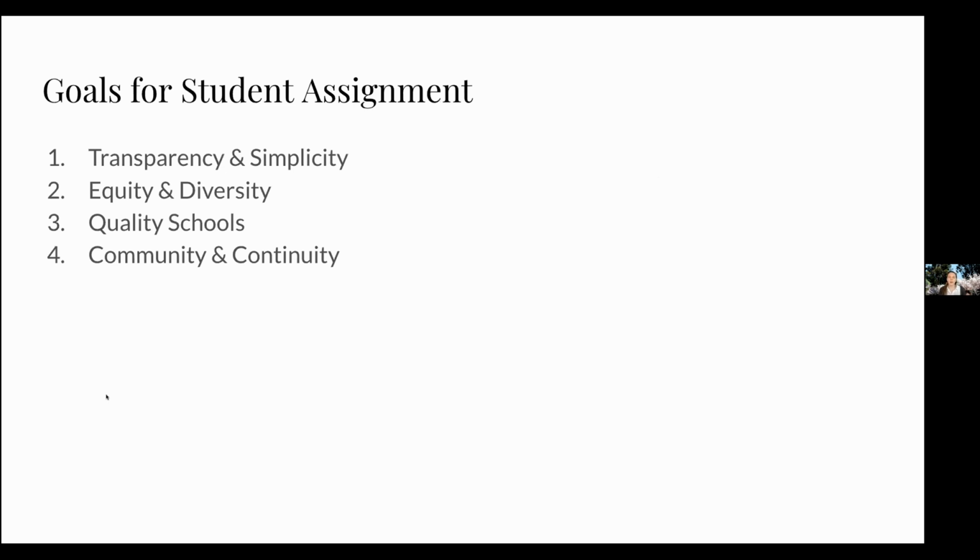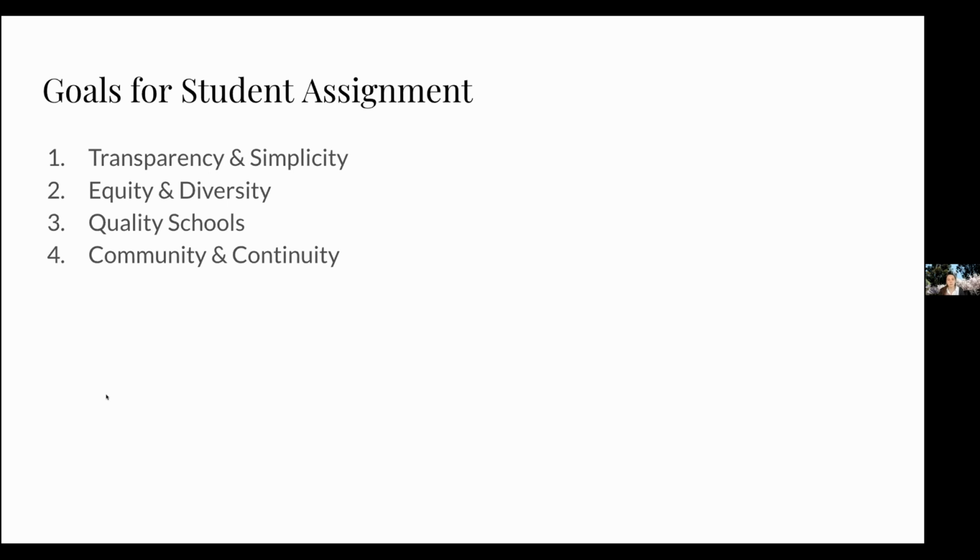So I put on this slide some of the goals that student assignment algorithms tend to have. These are taken from San Francisco's policies, but very similar goals hold in many districts, including Oakland. In San Francisco, the district wanted to make sure that their system was simple to use and transparent to understand. They wanted to promote equitable access to high quality educational opportunities and racially and socioeconomically diverse classrooms.